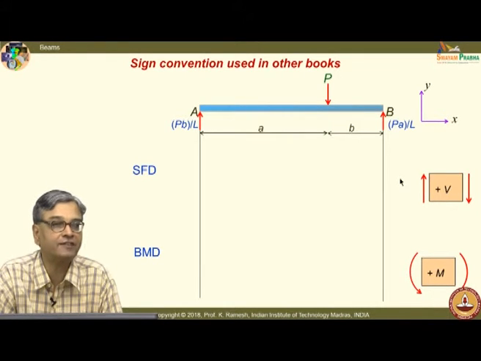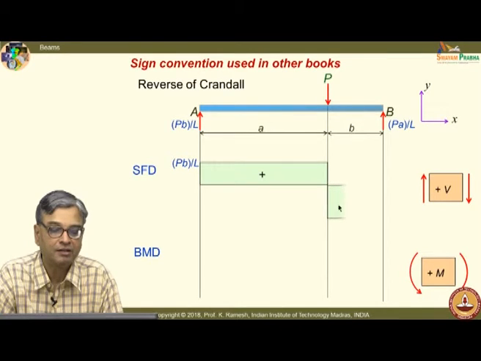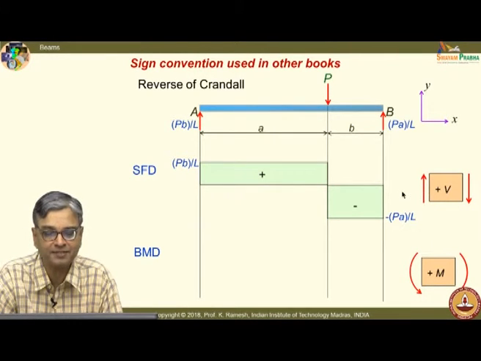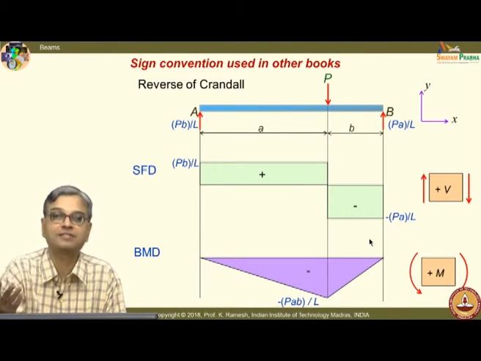And when I draw the shear force and bending moment diagram, how do they appear? They will appear differently. See, you have to check this, these are all drawn at different points in time, just go by this Pb by L and Pa by L. The heights are not strictly followed, that is what I find in the diagrams, but you get this as positive and negative and you get the bending moment totally reversed.